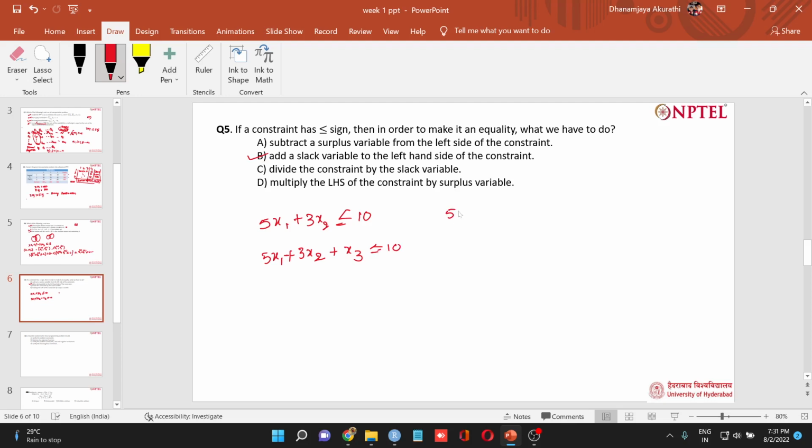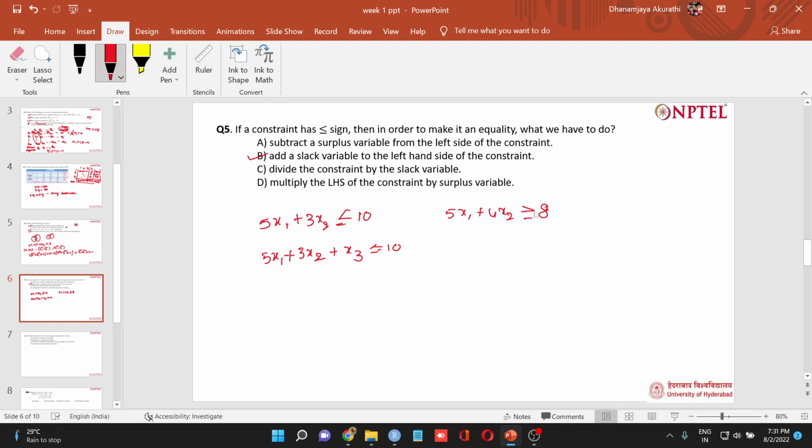Suppose 5x1 plus 4x2 is greater than or equal to 8; this is a greater than or equal to constraint. To make this into an equation, what we can observe is that 5x1 plus 4x2 is more than 8.